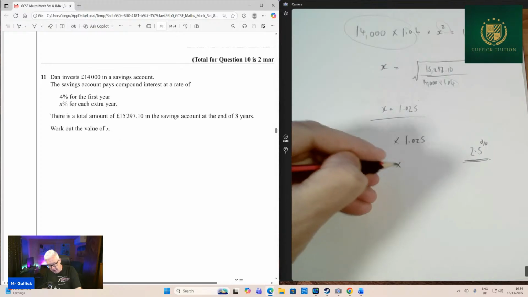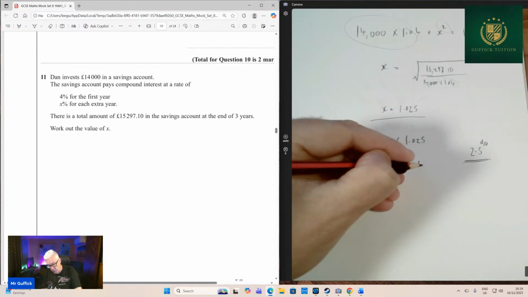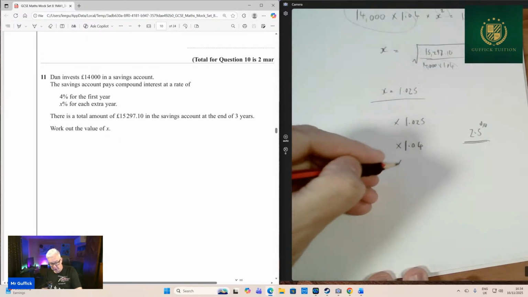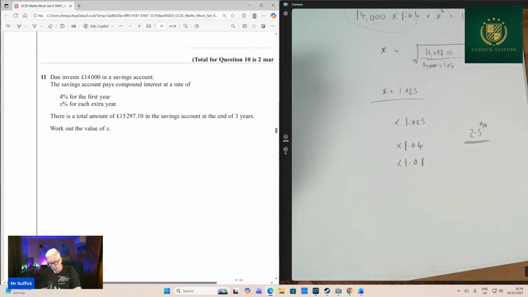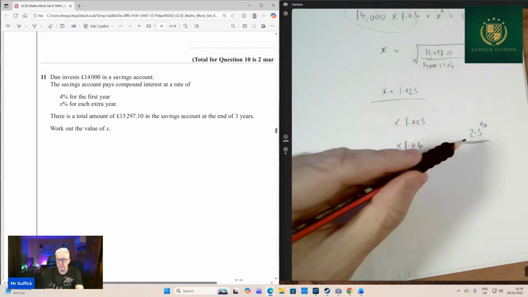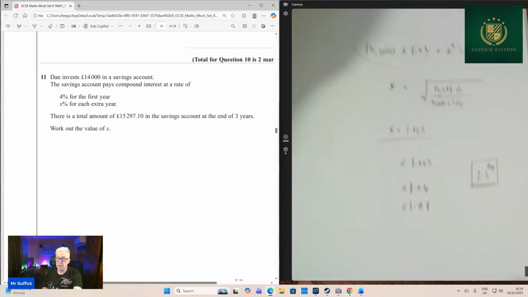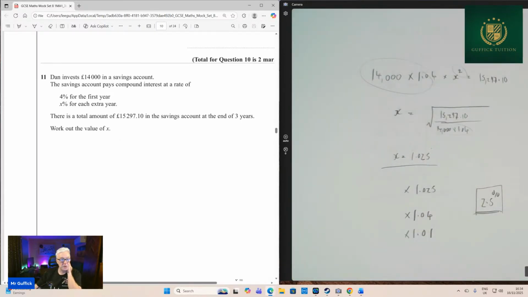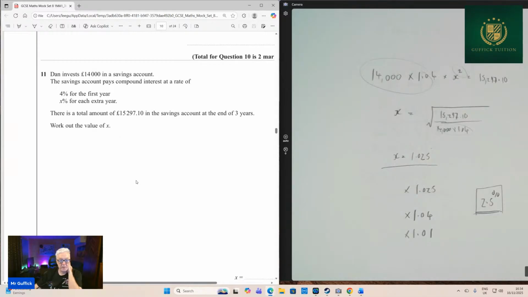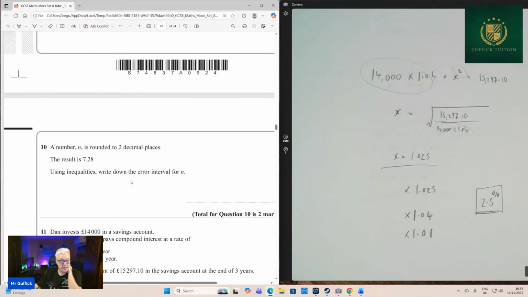Because remember, if you increase something by 4%, you multiply by 1.04. If you wanted to increase something by 1%, you times by 1.01. So if something gets times by 1.025, that corresponds to a 2.5% increase. So that is the answer to question 11. 2.5% was the value of X.